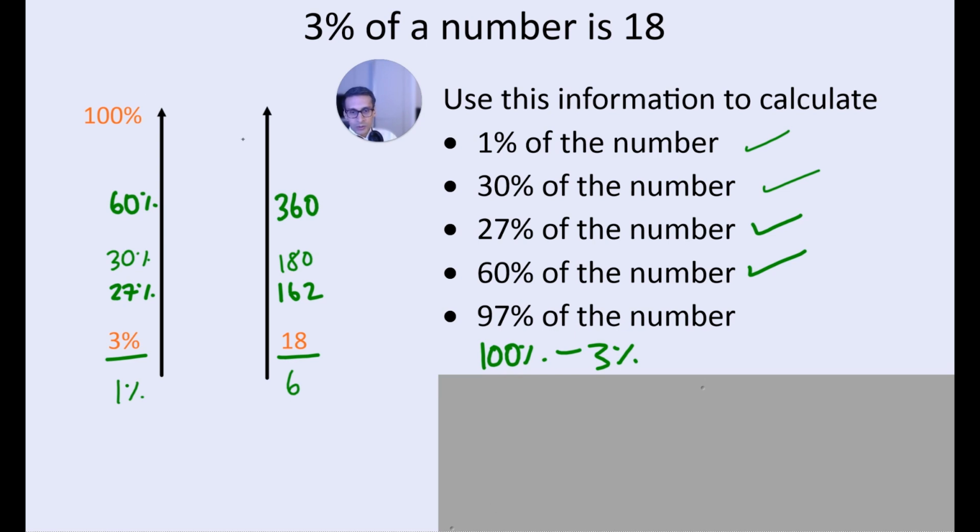So let's work out 100% first. So if you have 1%, 100% is going to be times 100, so it's 600. So 97% is 600 take away 18. That's going to give us 582.